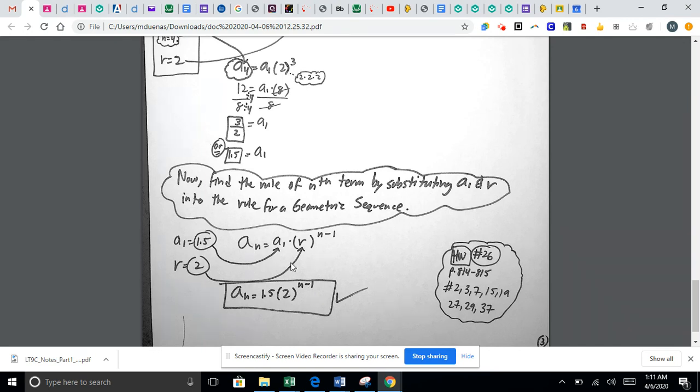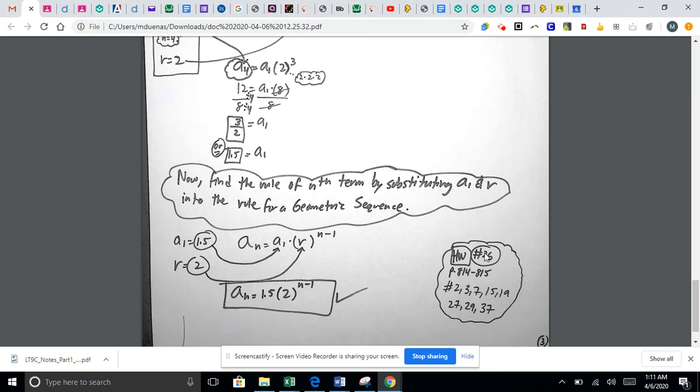So again, a sub 1, we just found out, the first term. And then r equal to 2, the common ratio was already given to us from the beginning. So you just substitute that. And do not touch the exponent of the n, because you're finding the general rule of the nth term. And that pretty much summarizes Learning Target 9C.